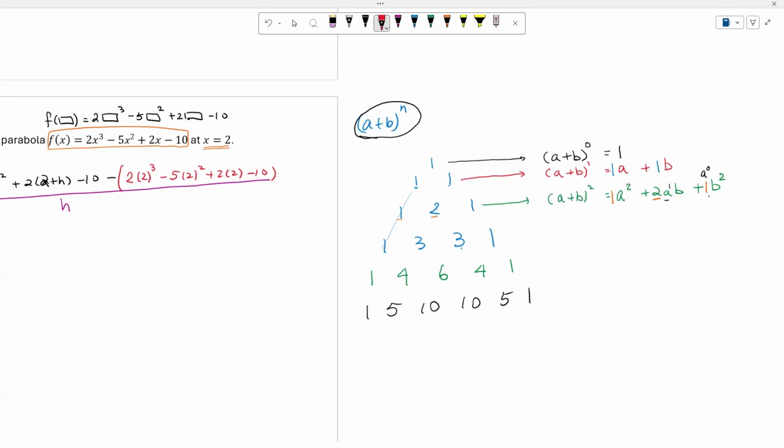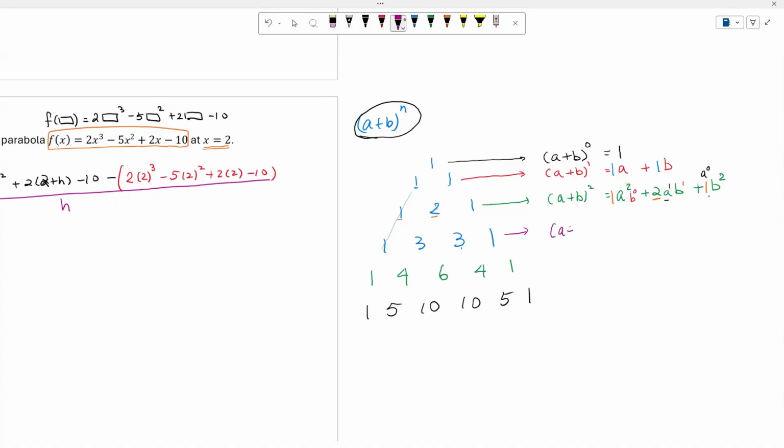And now look at the power of b. Again, in the first term you have b to the power 0, but b to the power 0 is 1, so it didn't appear here. And then b to the power 1 and then b squared. Okay. Now let us look at the third.